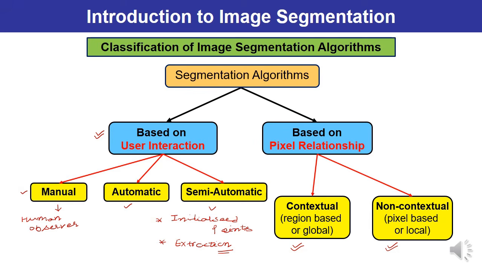These kinds of discontinuities may be observed as lines or edges, and then they can be simply grouped into a region based or some global level properties. So non-contextual is basically about identifying lines, edges and points. There only you are going to identify the discontinuities. So I hope the classification of image segmentation, which is based on user interaction and pixel relationship, is now clear to you.